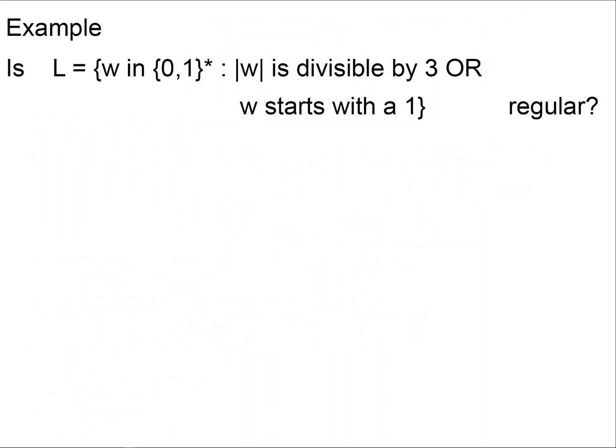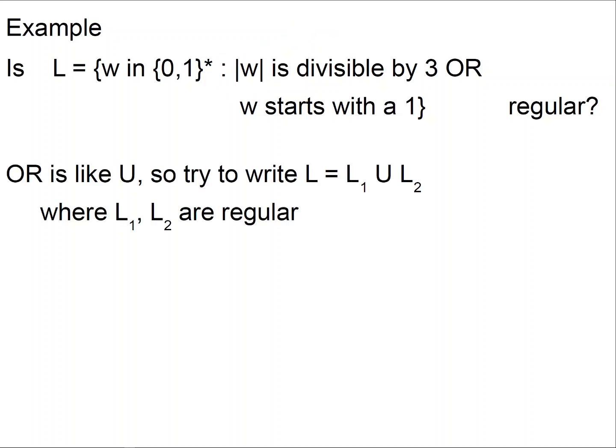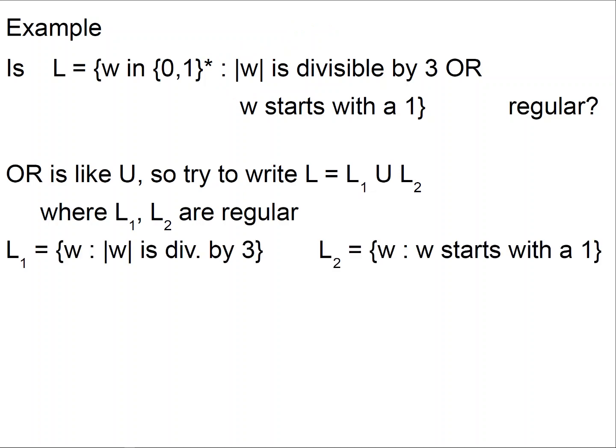Let's see an example. Let's consider the language of strings w, where the length of w is divisible by 3, or w starts with a 1. Is this regular? Well, or is like union. So we are trying to write L as L1 union L2, where L1 and L2 are regular, and then we can apply the closure under union.